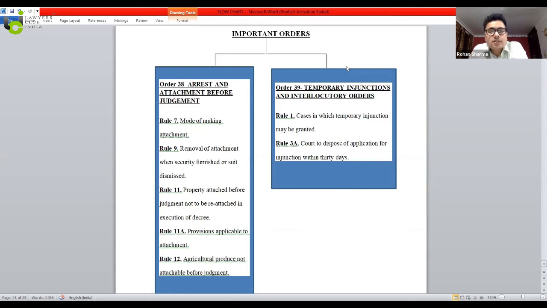And as you all know, when a case is instituted, especially in the Indian courts, with the amount of pendency that we have, the case might go on for years. So you cannot let the property which is the subject matter of the suit either change hands or be sold off. In those circumstances, temporary injunctions become a very important tool.